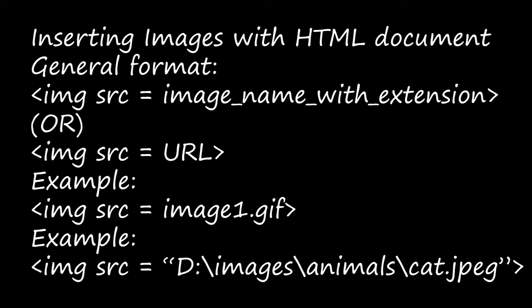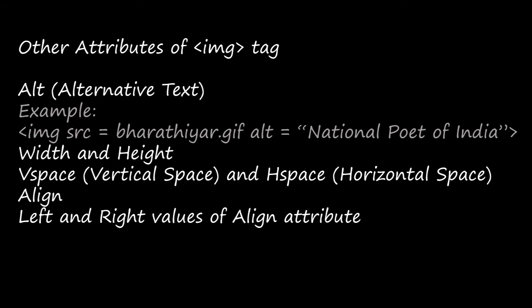And we can see the other attributes of image tags. The other attributes are alt, that is alternative text, width and height, V space, vertical space, and horizontal space, that is H space, and align, with left and right values. These are all the other attributes of image tags.